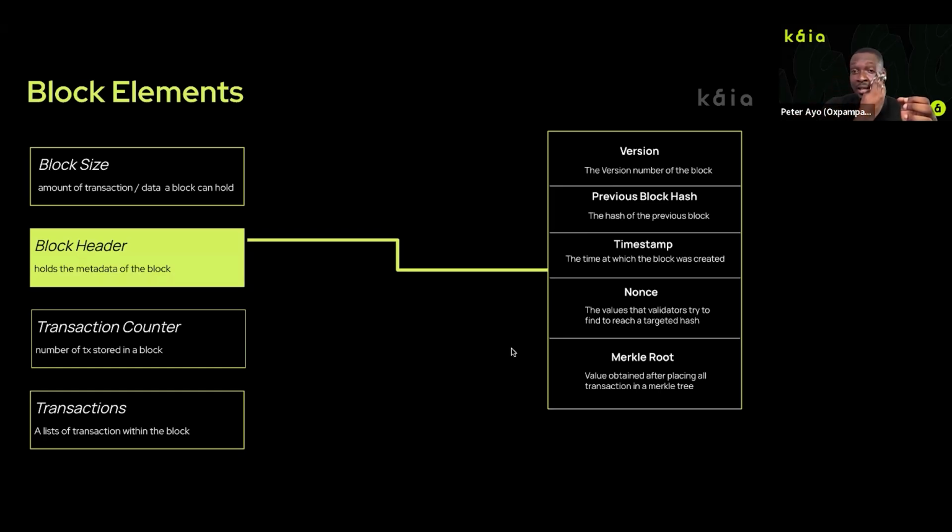When we talk about version, what do we mean by version? Depending on the blockchain network, we have a version number that exists in your block. I mentioned previously that a block is a fundamental unit of the blockchain, and it also has the cryptographic hash of the previous block.